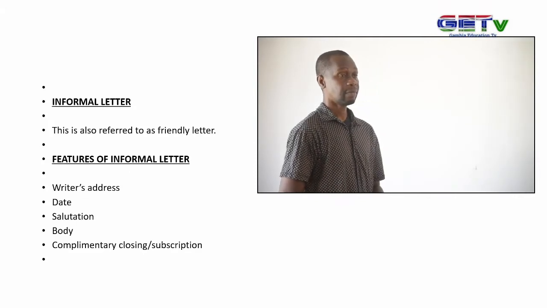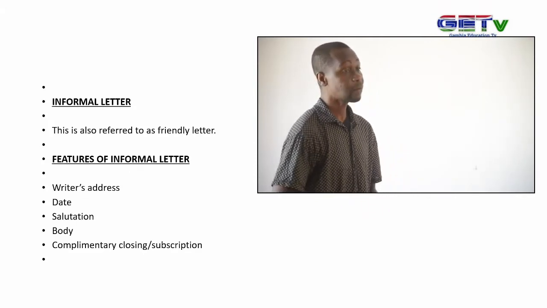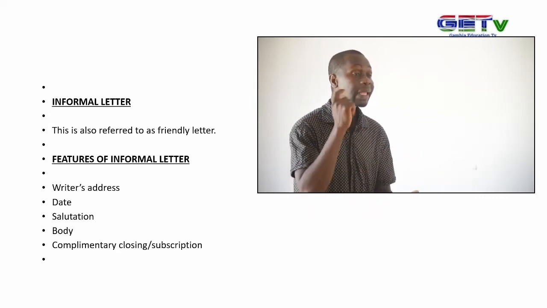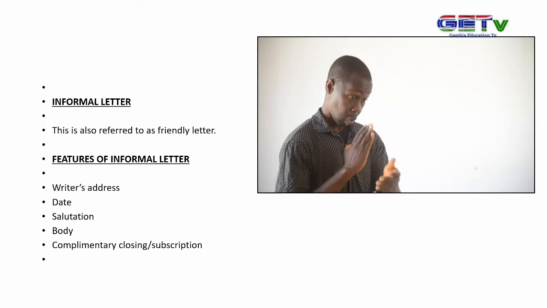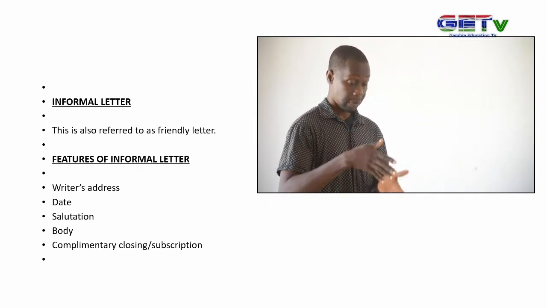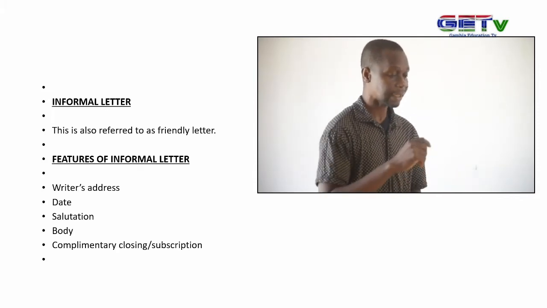This is exactly where the difference lies. Because in formal letters, from the writer's address to the date, we move straight to the recipient address. But here in informal letters, from the writer's address to the date, straight to the salutation.